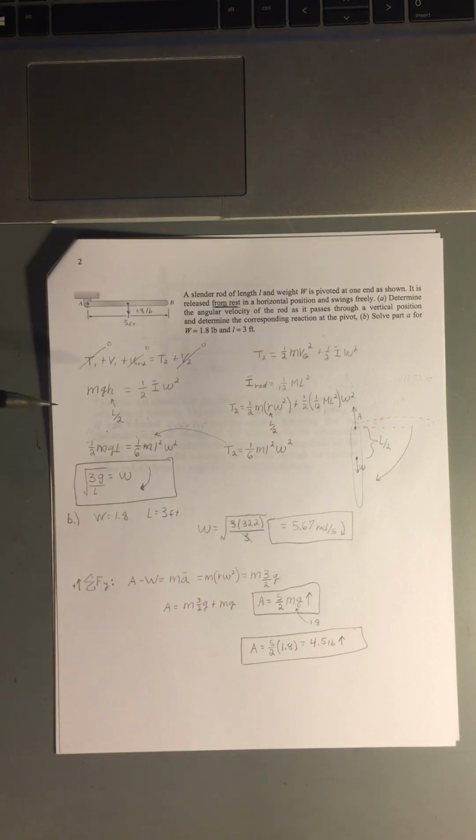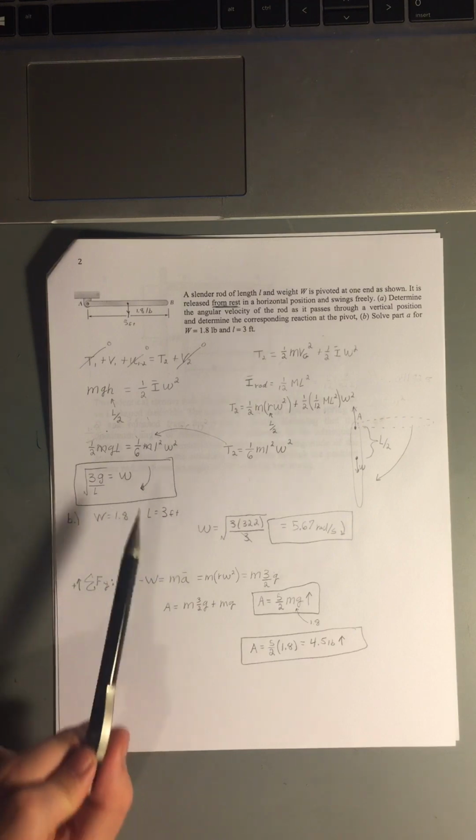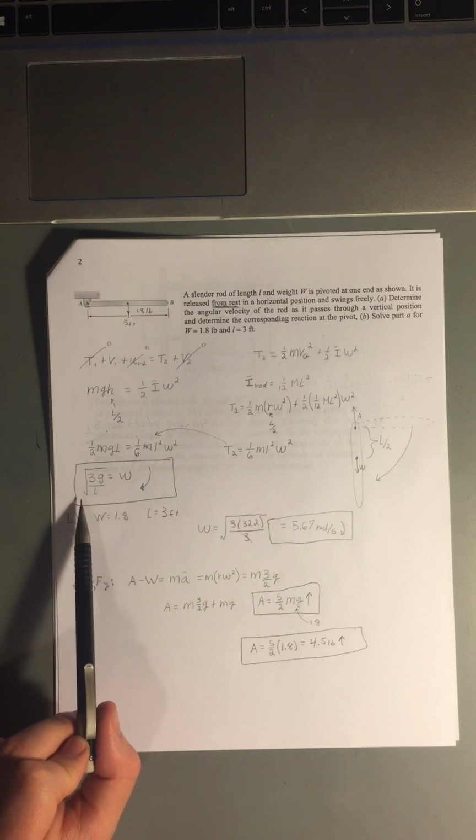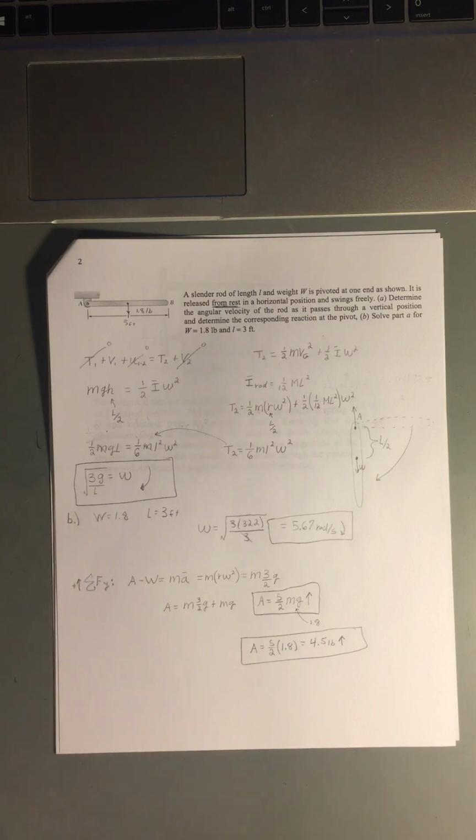And so using that, we can plug in L over 2 there, and then we look at this equation and it actually simplifies quite a lot. The mass actually cancels, so we don't need that. And then multiplying the 6 over, one of the L's will cancel as we move those over, and then we take the square root to find out that omega equals the square root of 3 times g over L. And so that's the answer for part A.